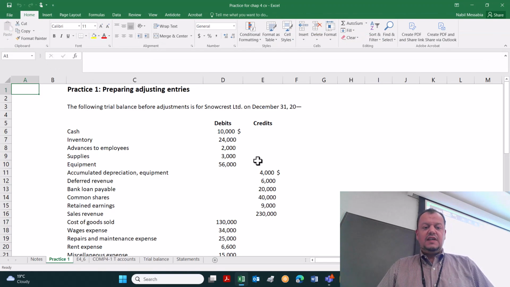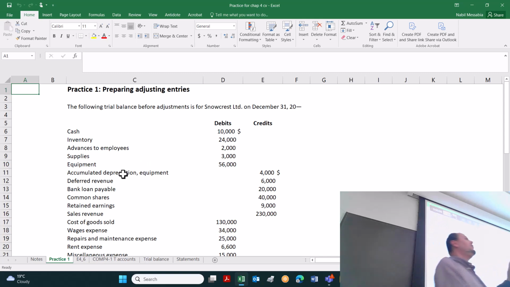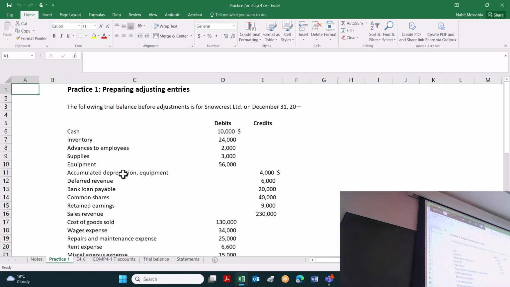So now, adjusting entries. We covered the theoretical aspect. Can someone remind us what are the three accounting principles that justify and require making adjusting entries? Why should we do them? Adjusting means rectifying something that, if we don't rectify it, will be wrong and not appropriate, right?